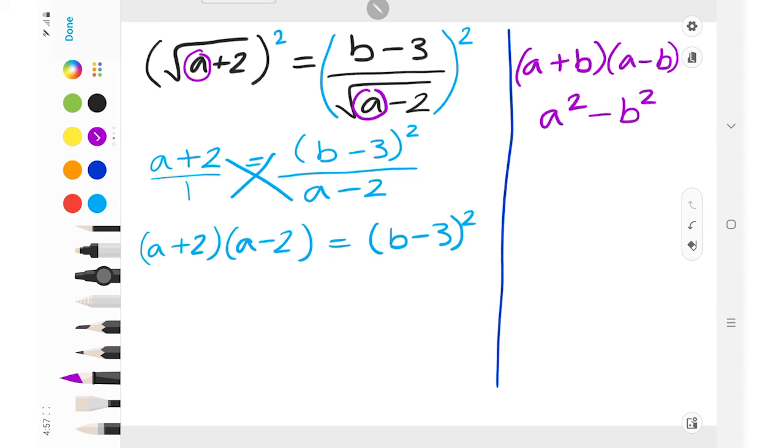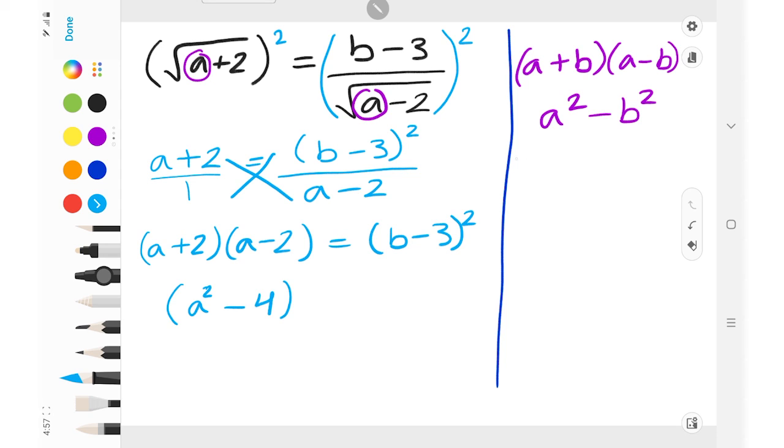It's the same as what I have here. I have a plus 2 and a minus 2. So I will get a squared minus 2 squared, which is 4. So a squared minus 4.